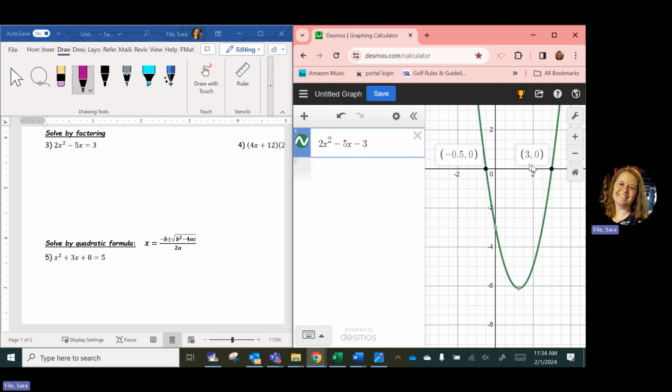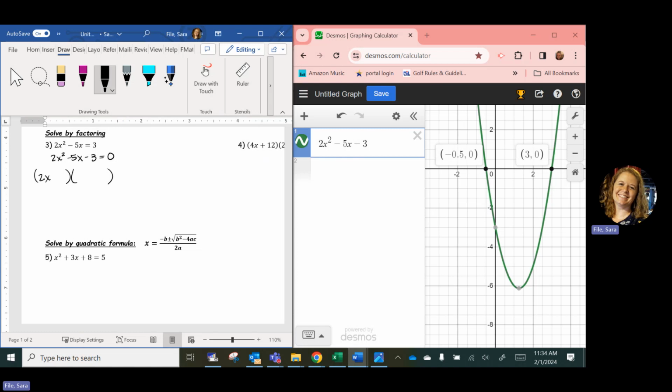I have my answers, but I'm going to show you factoring for those who still need a little bit of practice factoring. Okay, I do need to get everything to one side. So I move that 3 over and have it set equal to 0. You can do guess and check factoring. Since both your A and C are prime, guess and check won't be too hard. The only factors of 2 are 2 and 1.